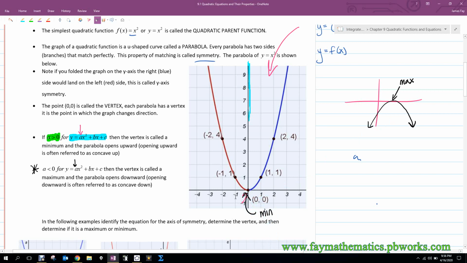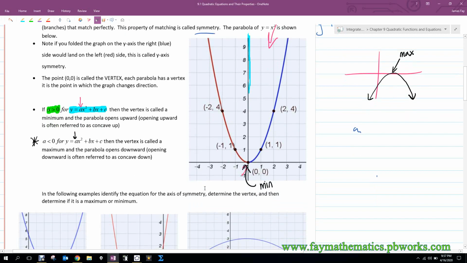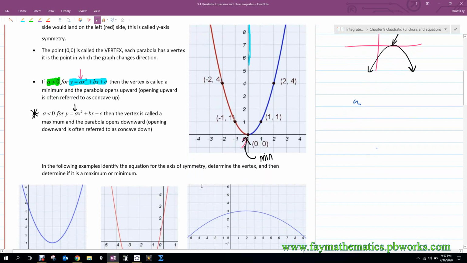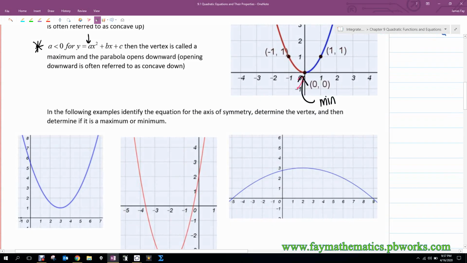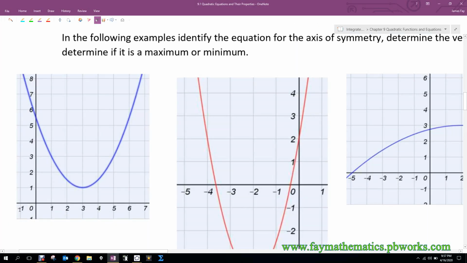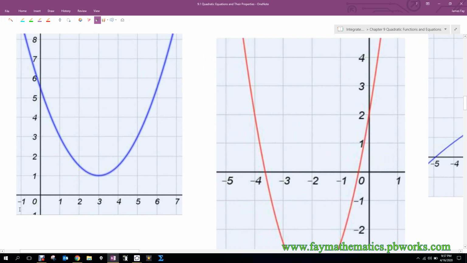It says in the following examples, identify the equation of the axis of symmetry, then determine the vertex, and then determine if it is a maximum or a minimum. What we like to do is find the vertex. The vertex is the place where we change directions.